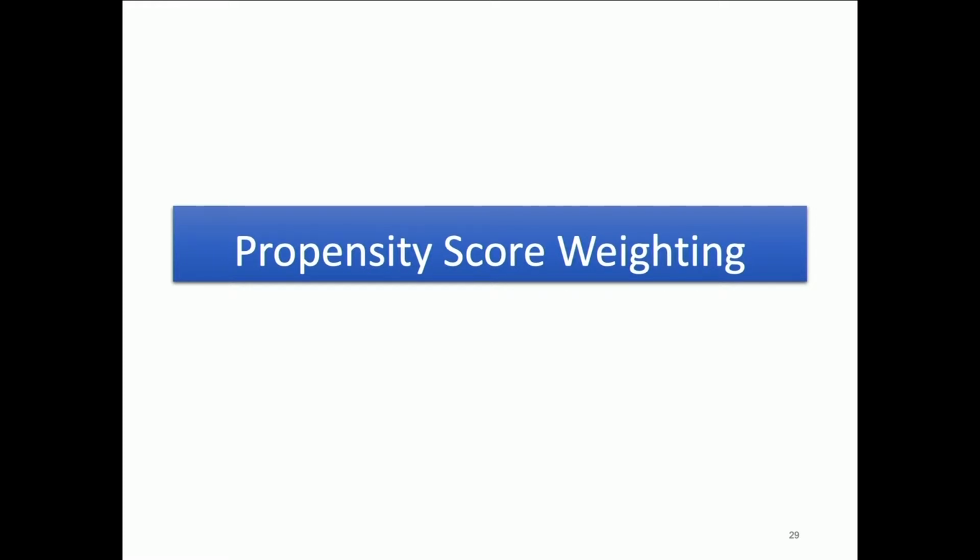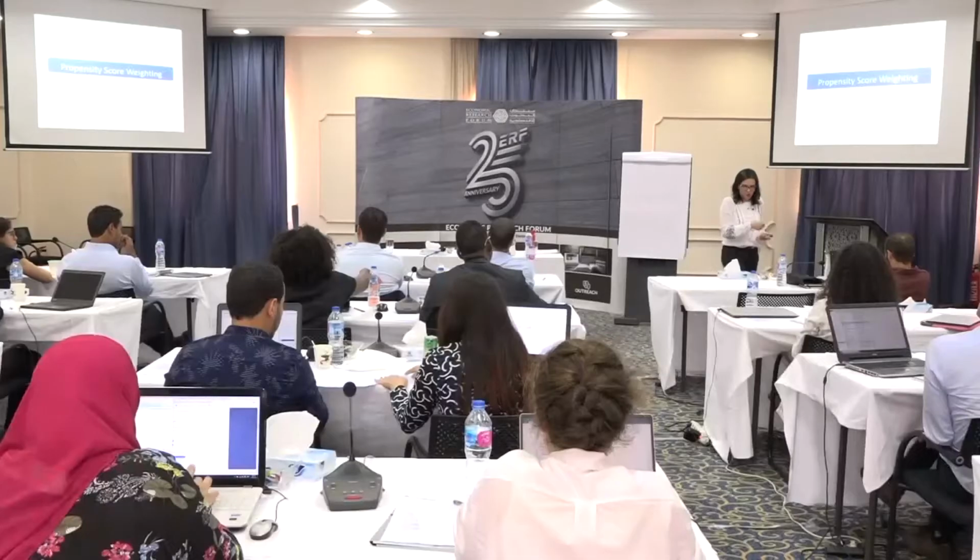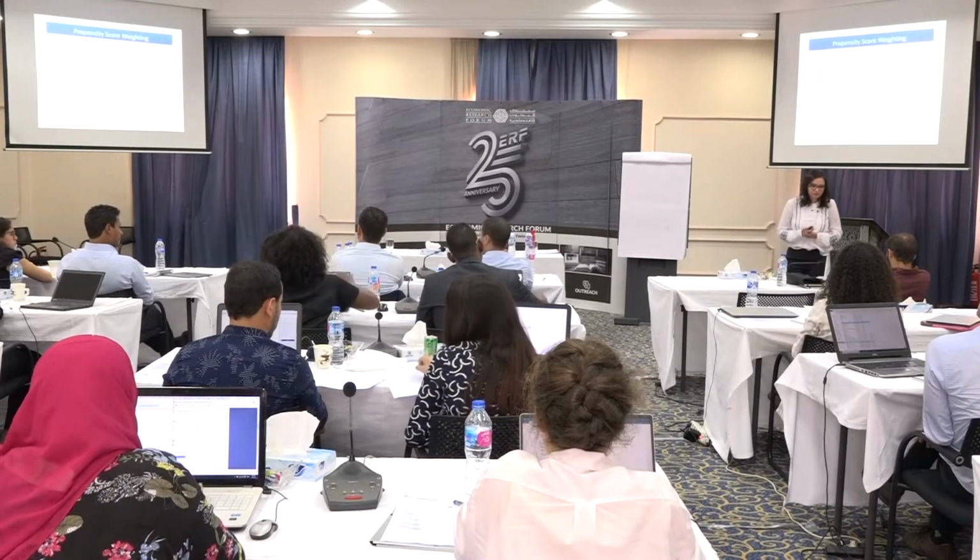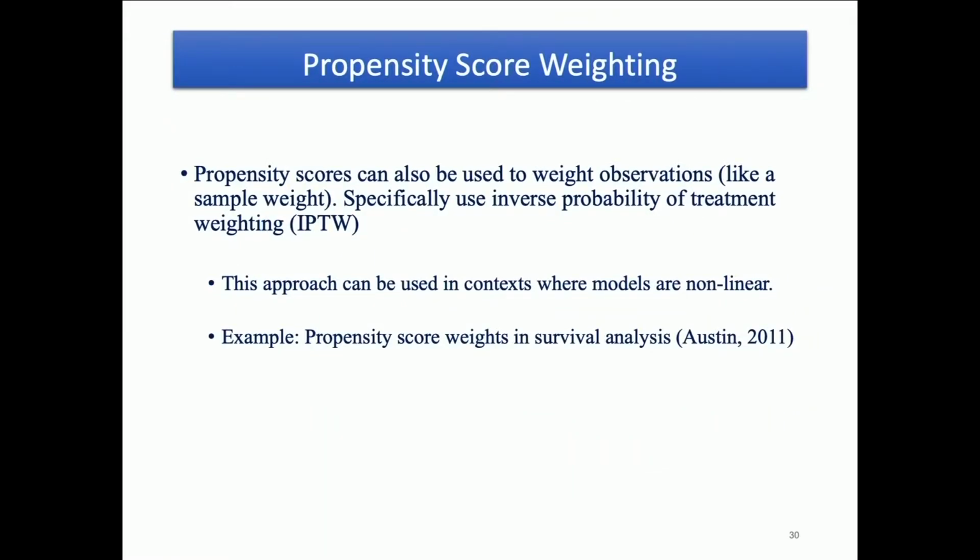But in reality it's not the case, because the probability of being selected or not being selected is based on several characteristics. So in this methodology, I am using the PSM as a weight for the observation being selected or not. So in propensity score weighting, I am using it as a weight for observations, like a sample weight.